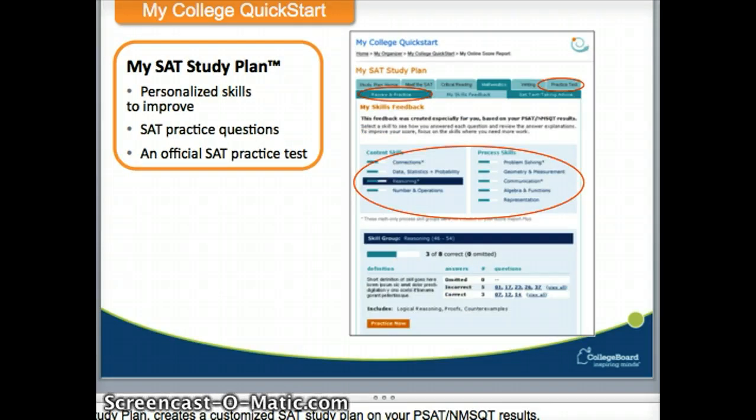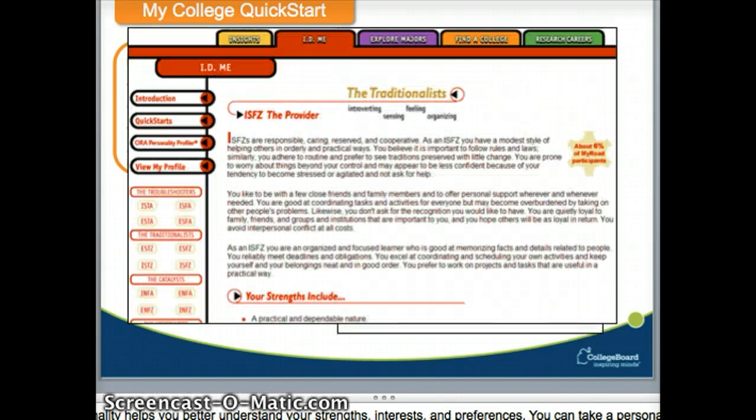My College Quick Start also has a customized SAT study plan based on a student's PSAT results. This is called My SAT Study Plan, and here students can try hundreds of practice questions as well as a full-length SAT practice test. My Personality helps students to better understand their strengths, interests, and preferences.